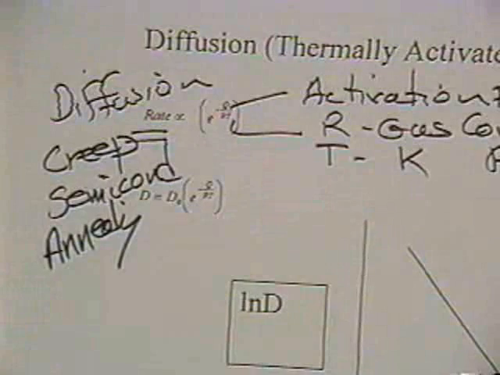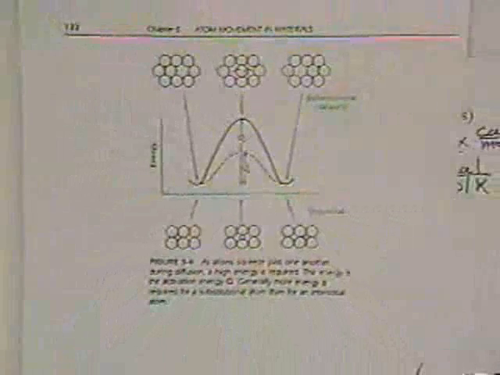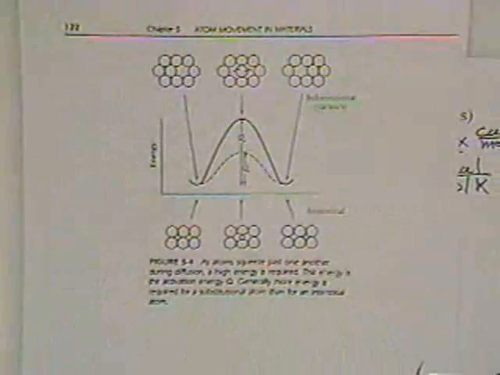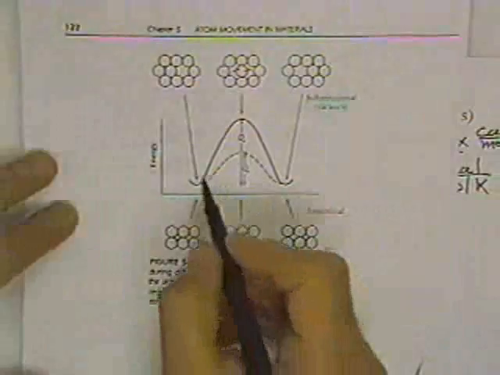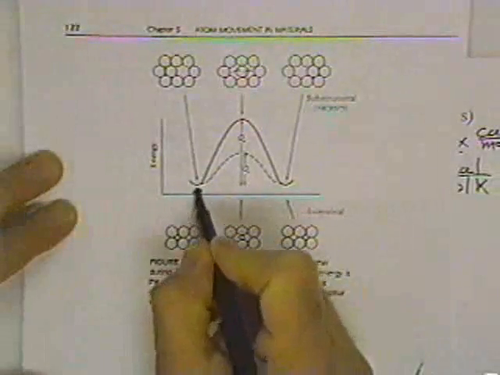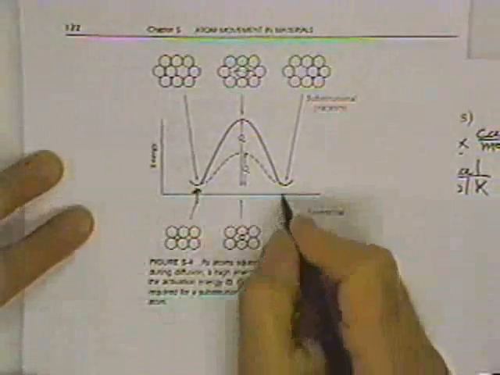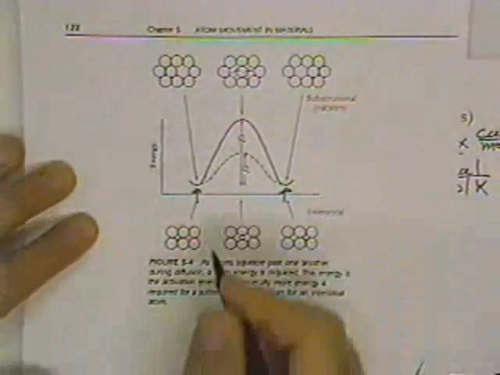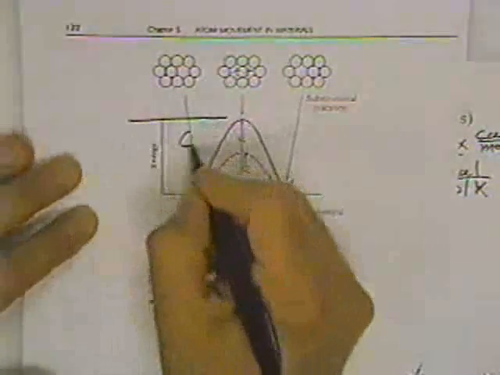Now, just to make a comment on the thermally activated process, if you go to the second page, page 18 here, suggesting atom movements, you will see that if an atom is in this position right here, in order to climb up here, it has to have this much energy called Q, where Q is the activation energy.